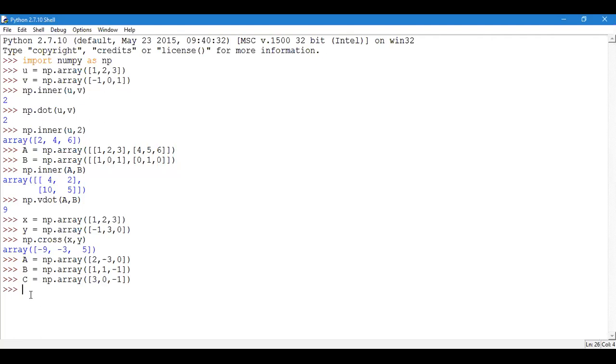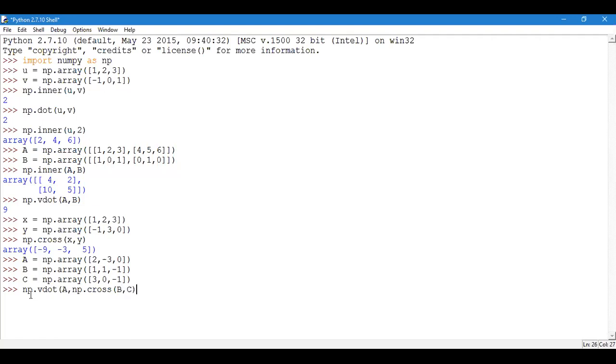Now I want to find the volume. So I'm writing np.dot of a comma np.cross of b comma c.